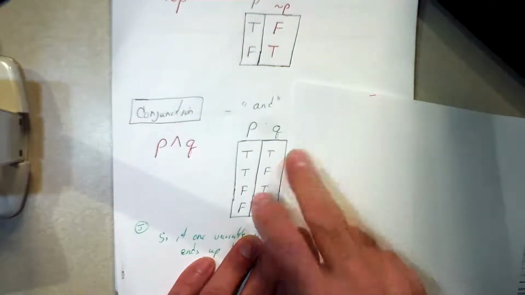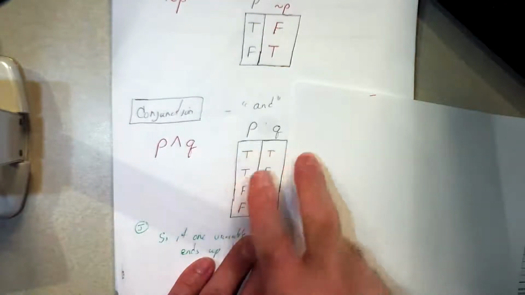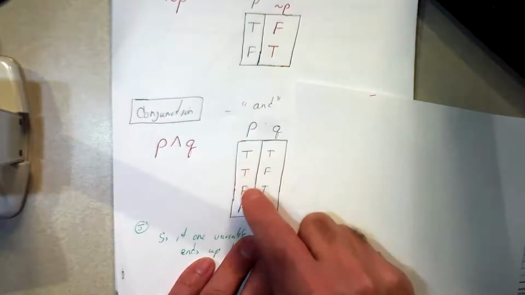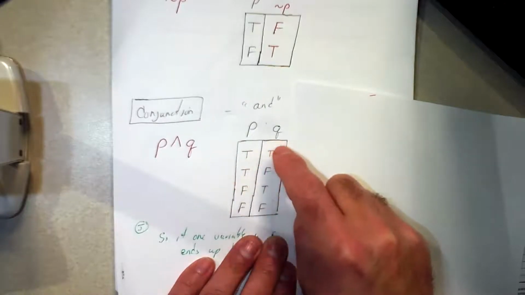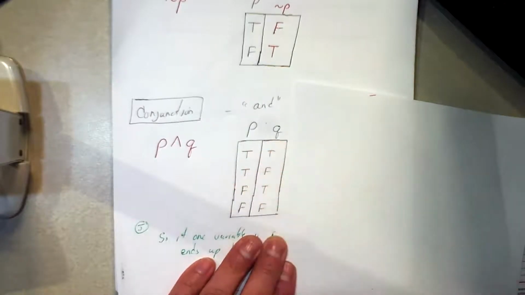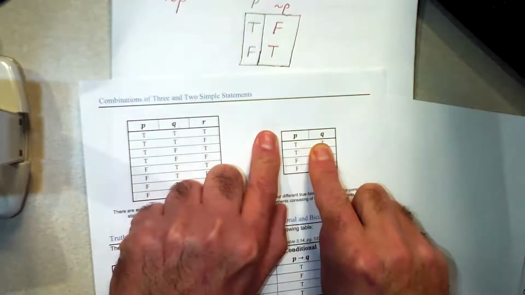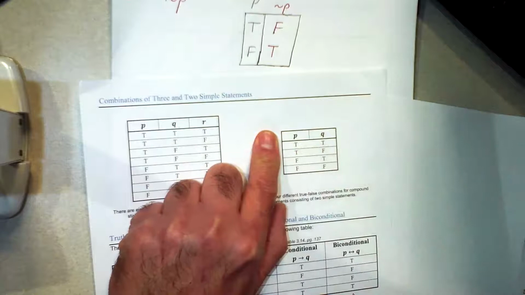When you do a two variable truth table, you have to start it out. The P begins with T, T, F, F, and Q goes T, F, T, F. If you forget how they go, this is where your handout comes into play. Notice this is our two variable truth table.